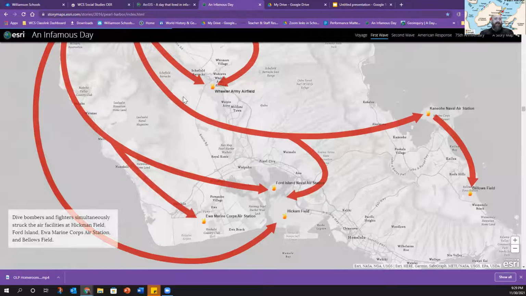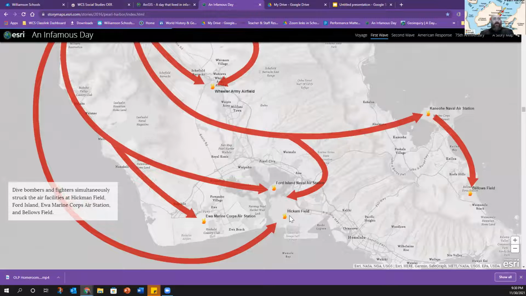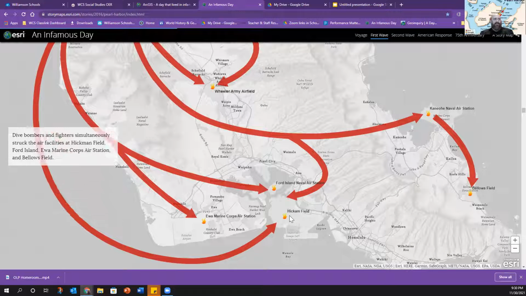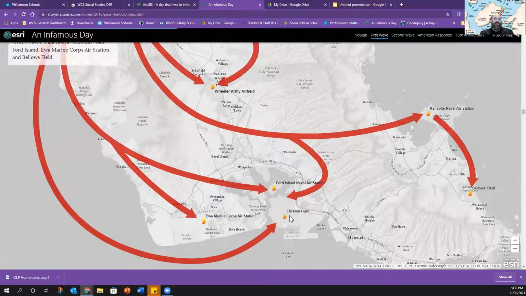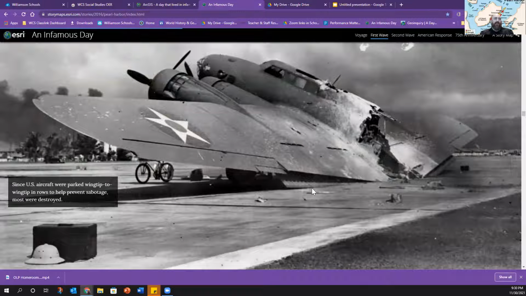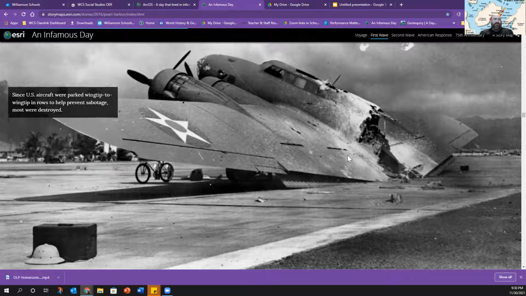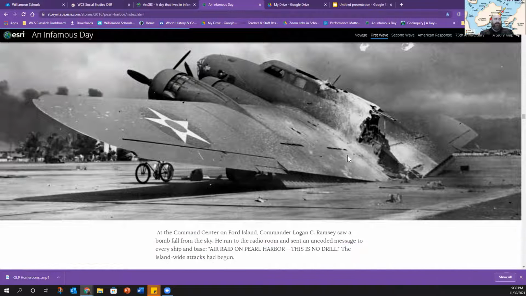And then you have this massive attack attacking another air station, right? Naval Air Station. Just basically attacking all of these specific bases in order to try and keep any aircraft from taking off, right? And so it basically destroys all these aircraft because they're parked right next to each other. Almost everything's completely destroyed.